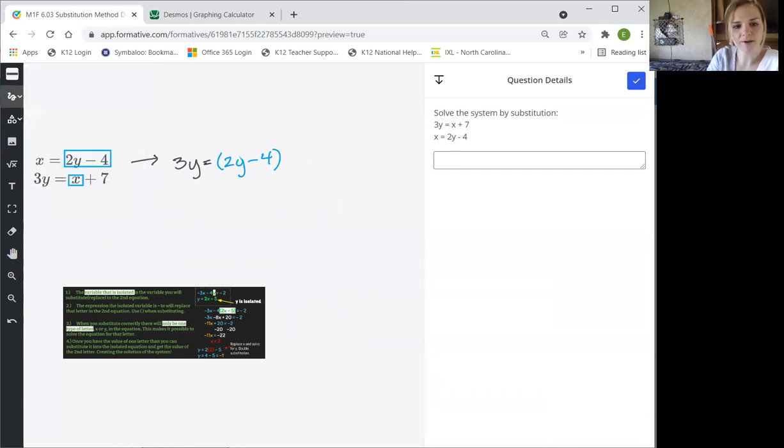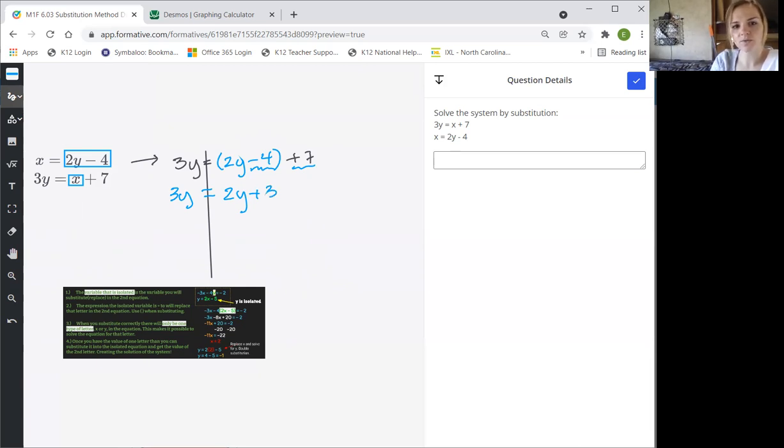And don't forget about that plus 7. So we just replace that x with what x equals. Now, all of this is addition and subtraction, so we do not really need these parentheses there. We can combine our like terms, which would be -4 plus 7. So that'd be 3y equals 2y plus 3.